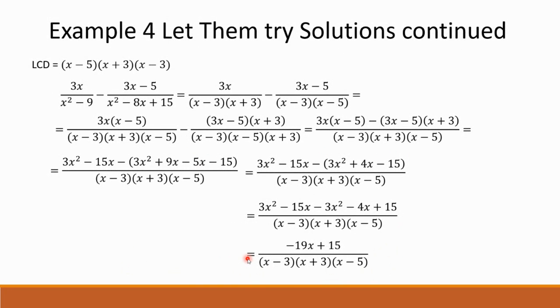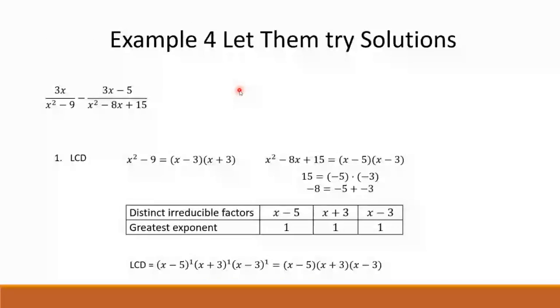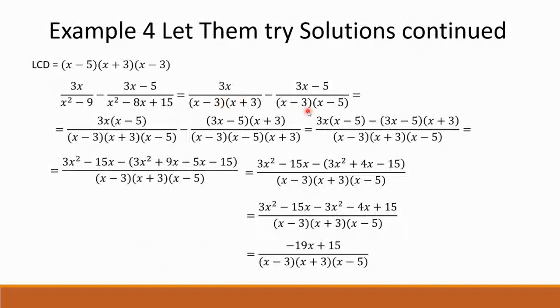Now, so what do we do next? Well, we know what the LCD is. We also factored the denominators, as you can see. So we have to manipulate each rational expression so the denominators are the same. Okay, that's not too bad. For the first one, for instance, we're missing x minus 5, so we multiply bottom and top by that.